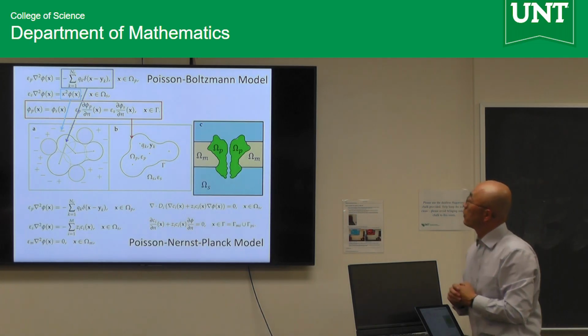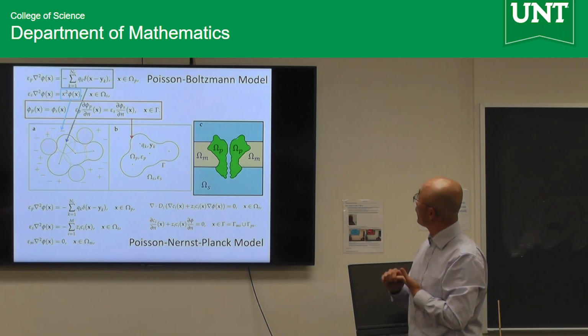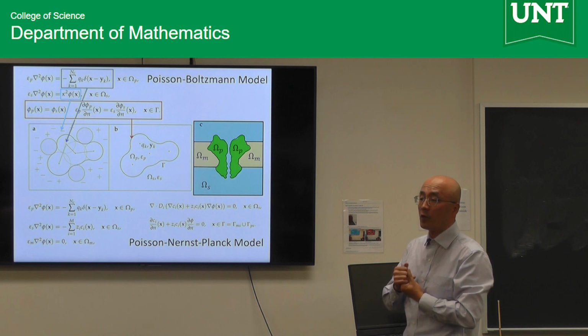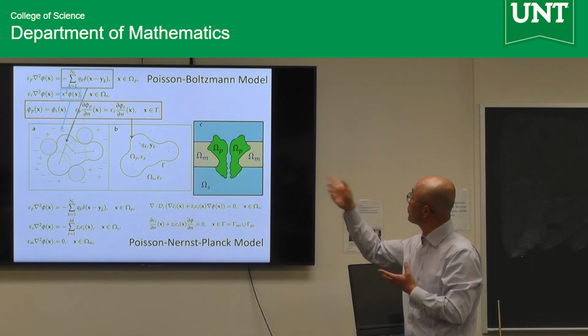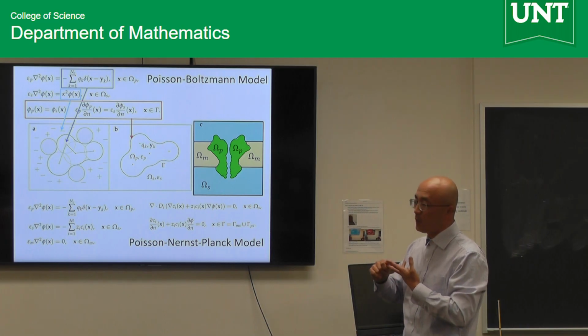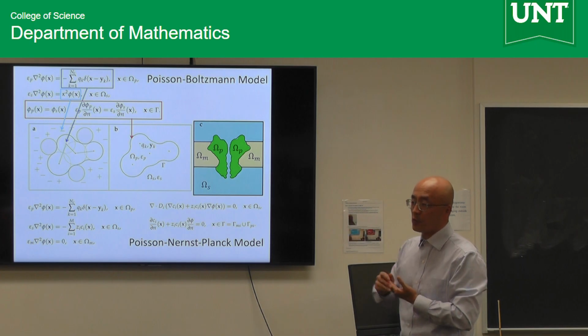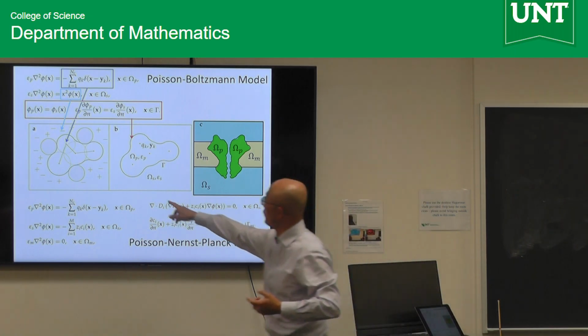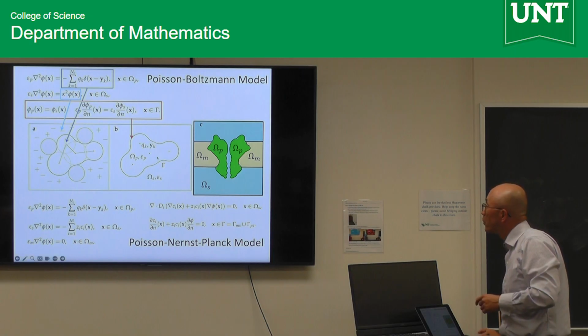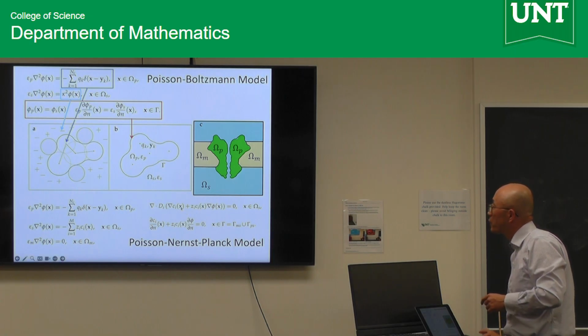And then we can also extend the model to a little bit more complicated one, which we call the Poisson-Nernst-Planck model. For the Poisson-Boltzmann model, the electrolytes are characterized by a statistical distribution, the Boltzmann distribution. But if we want more details about the electrolytes, we can use a diffusion equation to represent the concentration of the mobile ions, and that gives us the Poisson-Nernst-Planck model.